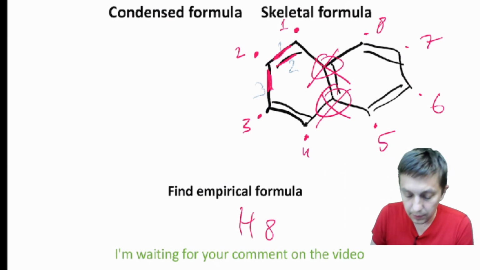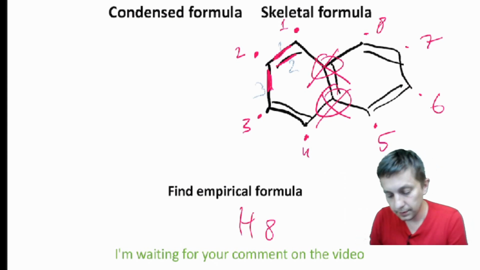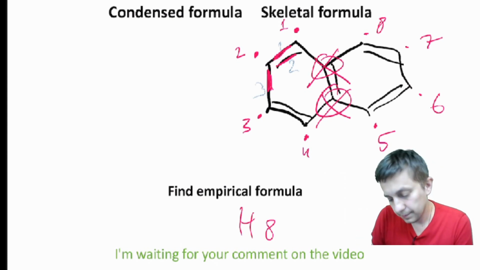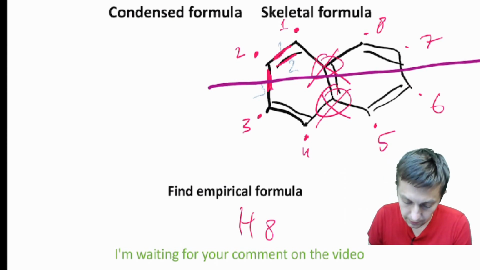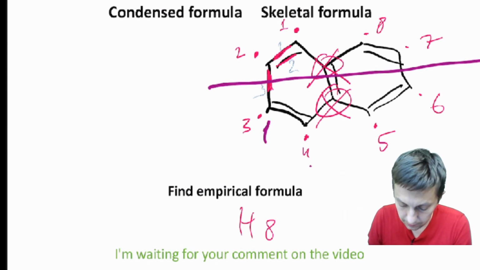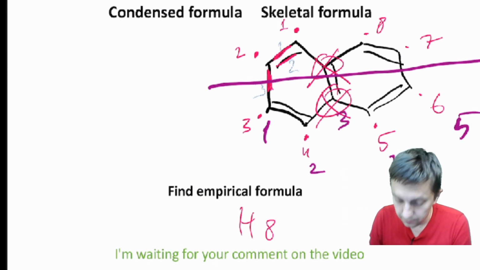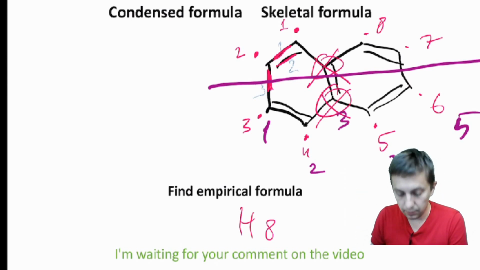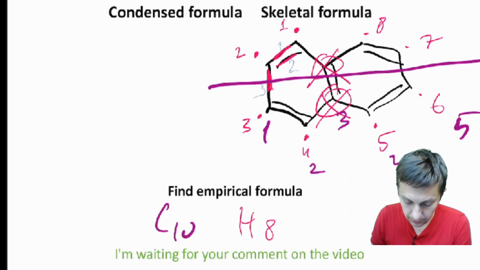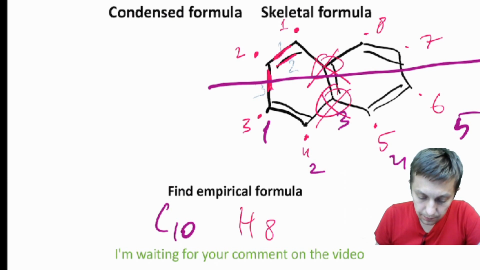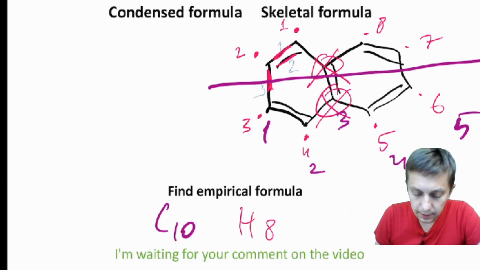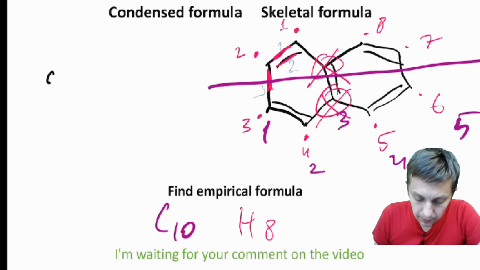With carbon it's easier. We can split by half, and carbons 1, 2, 3, 4, 5 multiply by 2. So C10, H8.